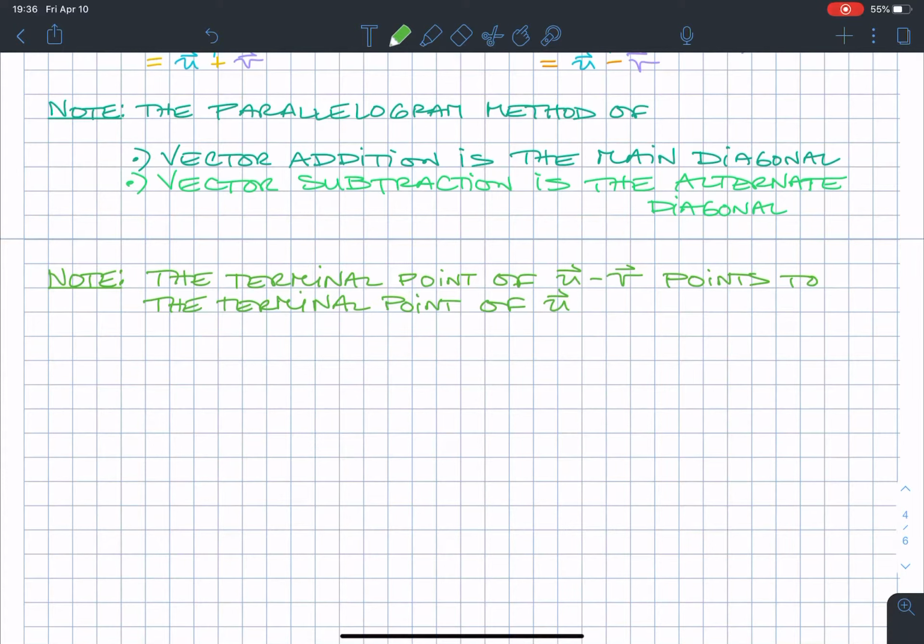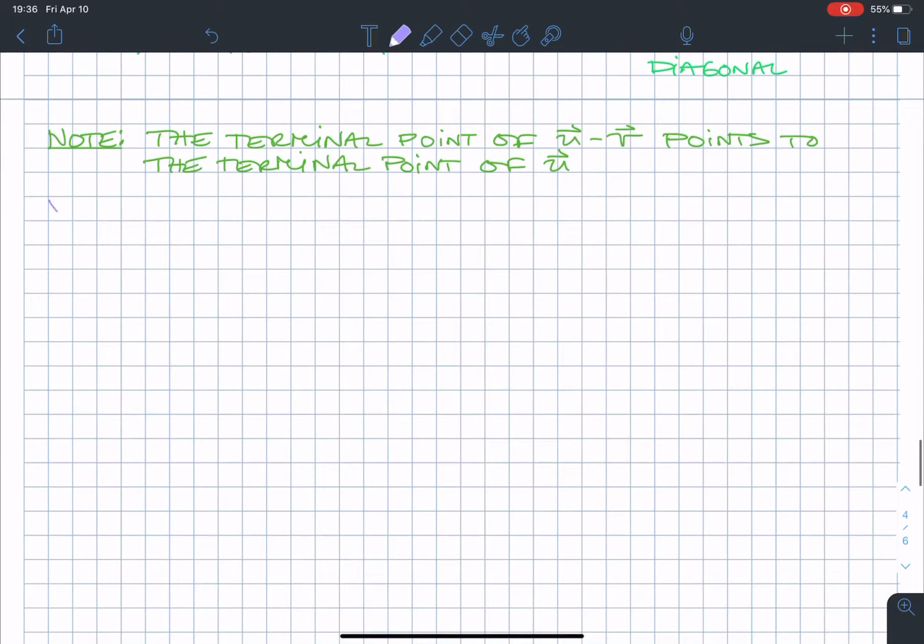Okay, so now we have vector operations. So that'll be in purple. So vector operations, like addition, subtraction, multiplication, and division. So let's let vector u be a comma b, and vector v be c comma d.